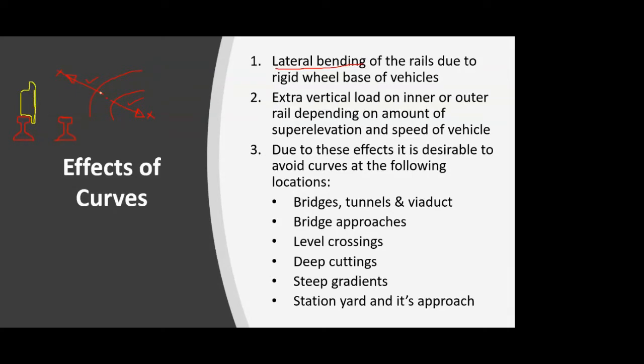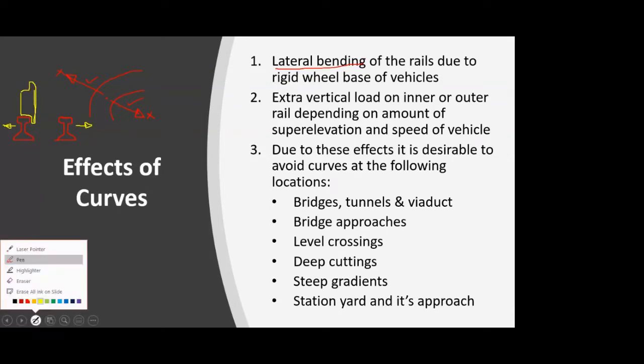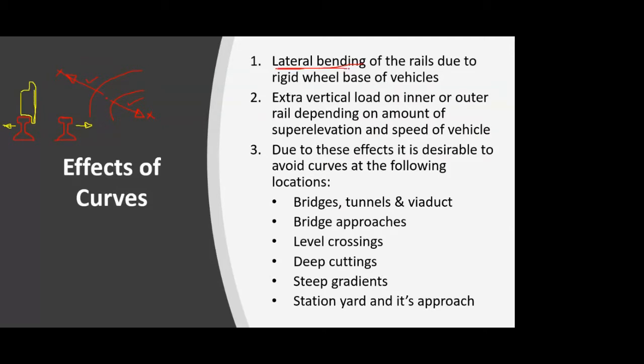On the curve section, due to the centrifugal and centripetal force, the force on the outward and the inward side of the curve is a bit more than on the straight section. So that tends to bend the rails laterally. So this lateral bending is more in case of curves. It is there a bit in case of straight track, but it is more in case of curves.